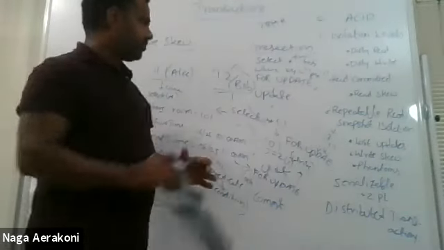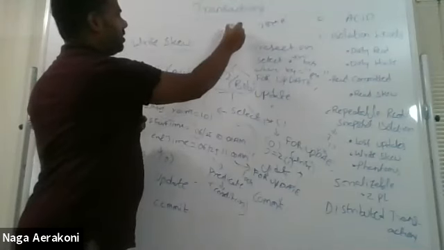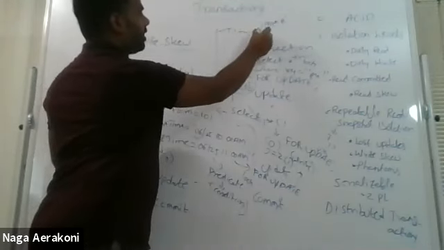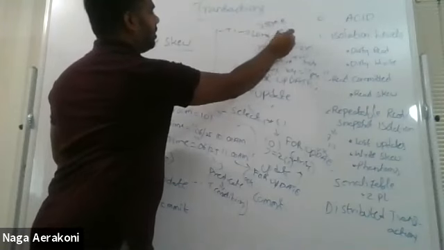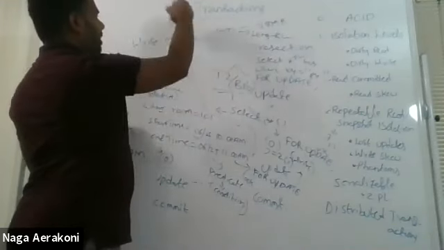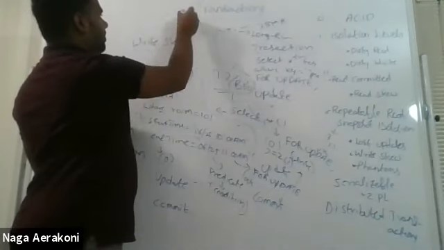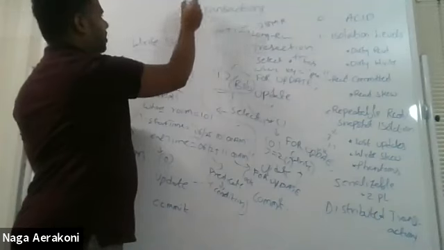No, suppose this transaction started at this point, this T1, which is a long running read. If it started at this point, you'll have some snapshot or some view of the database until this point. So you can have T0 or T3 or whatever.